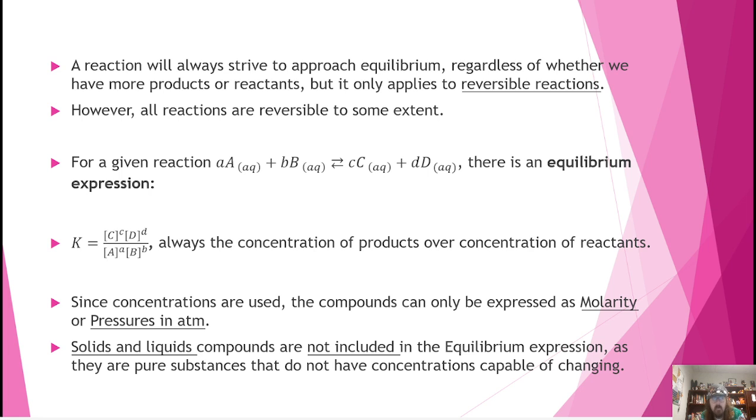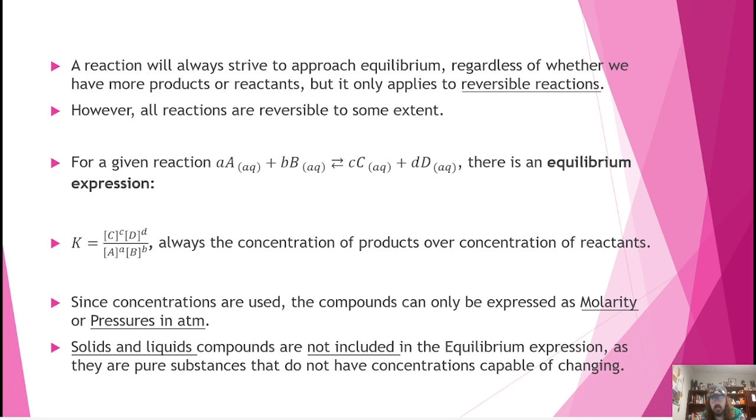So for a generic reaction of A and B go to C and D, we can write a K expression. The K is equal to the products, C and D, raised to their coefficients, all over the reactants, A and B, raised to their coefficients. And notice the brackets: these are molarity values.